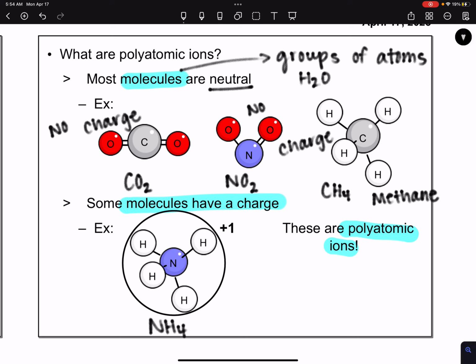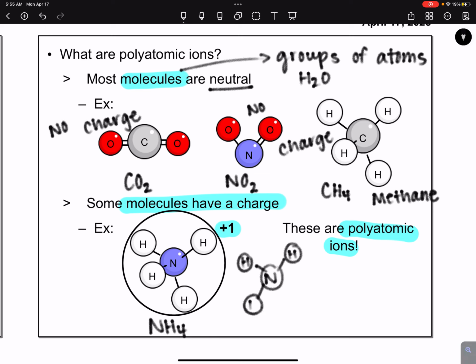That's one nitrogen combined with four hydrogens. That group of atoms overall is not neutral. Overall, that group of atoms has a positive one charge. So if I had another group of NH4, it would also be positive.